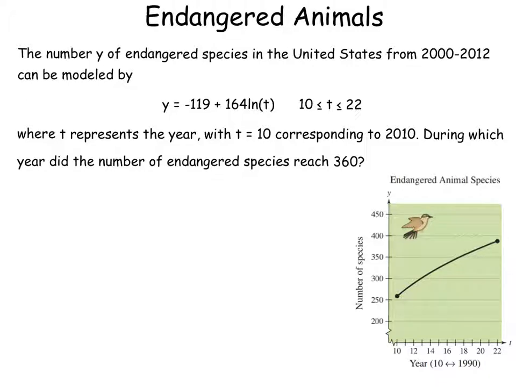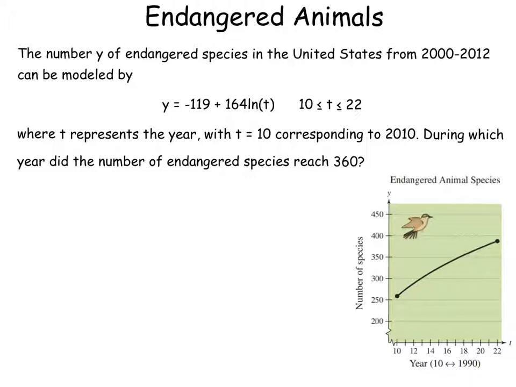All right, one more application. Okay, notice the graph down there, which I want to point out. You can see why it's appropriate to have logarithmic models, because they model a different type of rate of change.